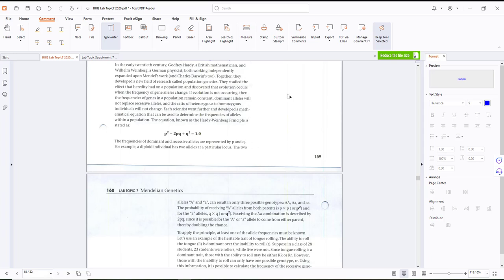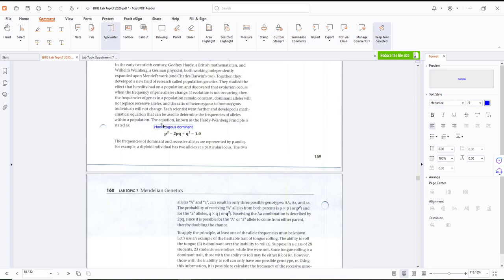So p squared equals the percentage of the individuals that are homozygous dominant within the population.